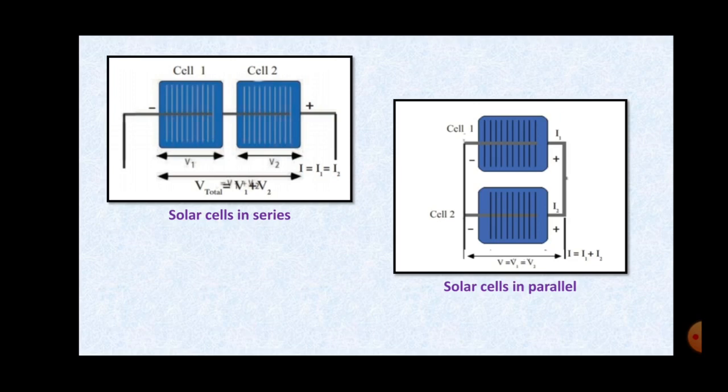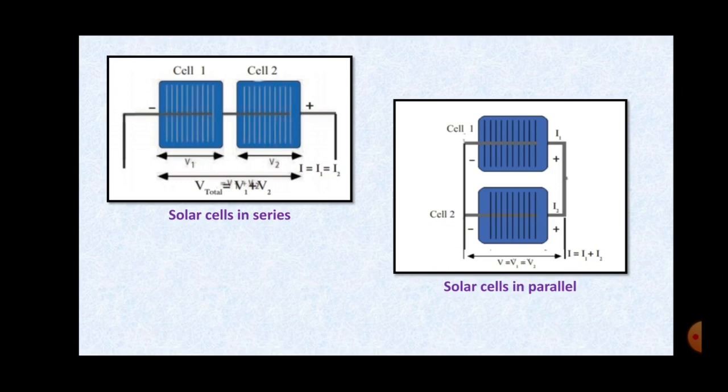So the potential difference obtained from the combination of cells in parallel is the same as from an individual cell. So if two solar cells are connected in parallel, the potential differences from the two cells are not added. Whereas in series, the potential differences of individual solar cells are added. So these are the two ways by which solar cells can be connected to each other.